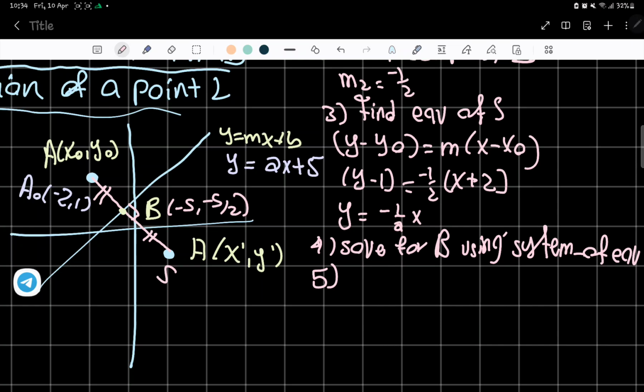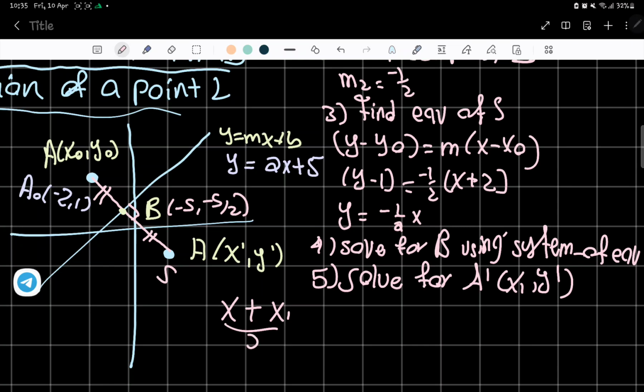So solve for A prime, x prime, y prime. How we're going to do this is, for example, the original equation is x plus x prime over 2 is x1 or Bx, okay? So we already found this.